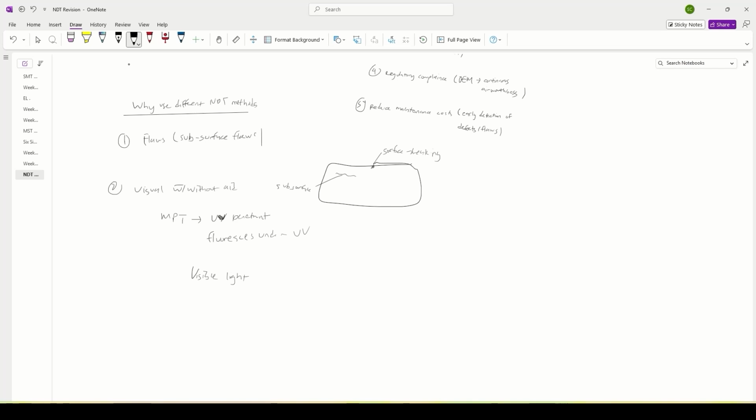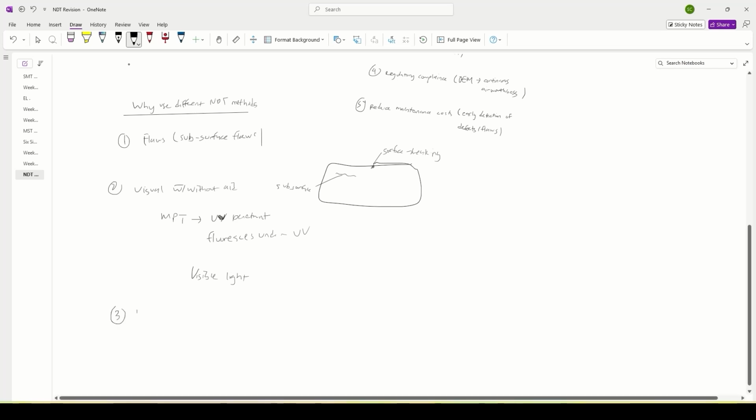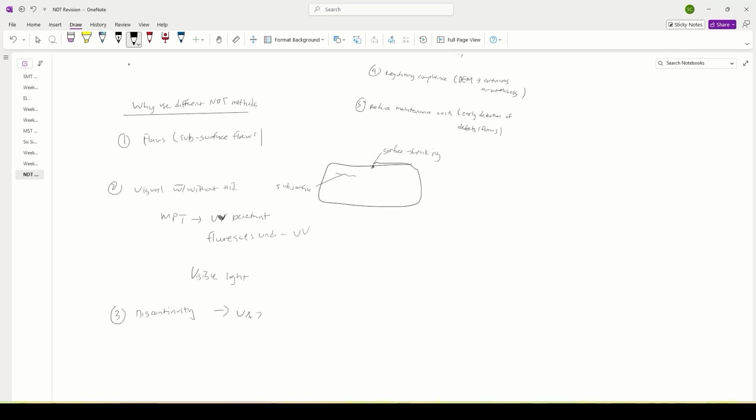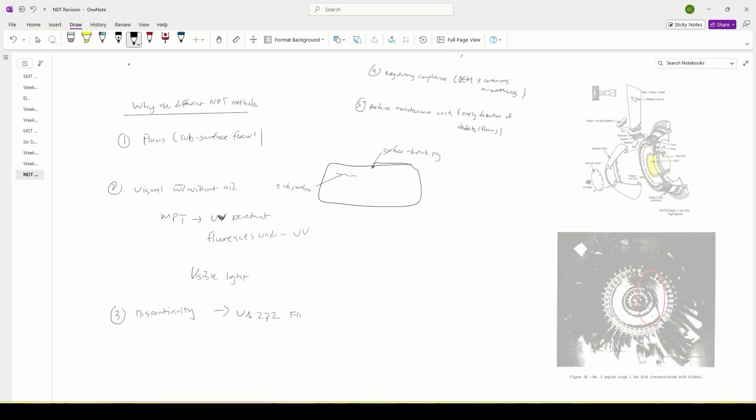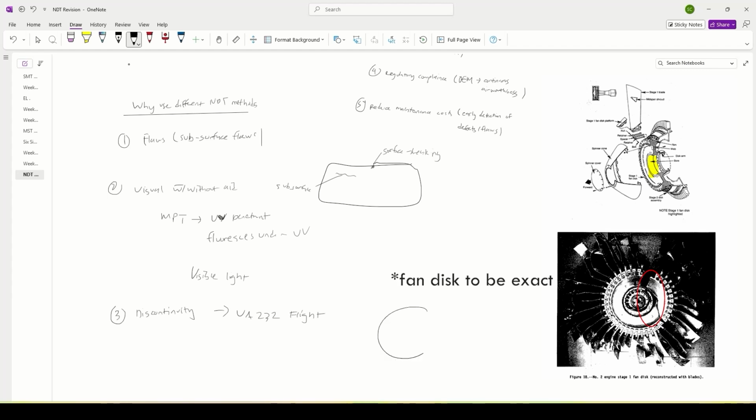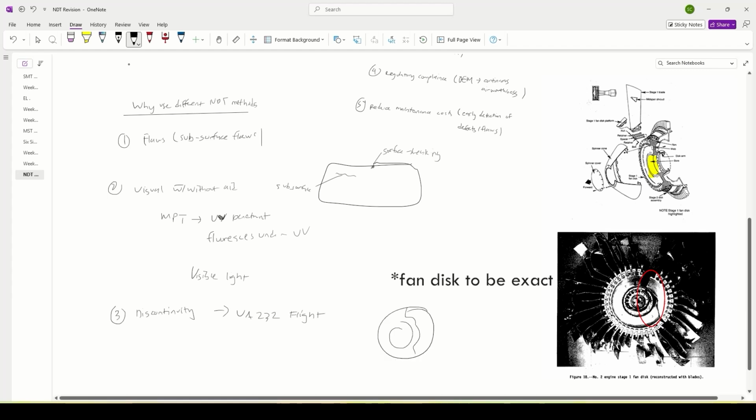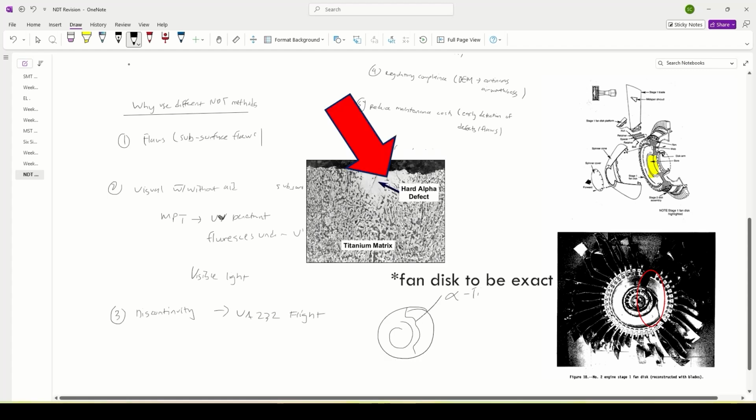Different types of methods, such as subsurface flaw, surface breaking, internal discontinuity. So for example, discontinuity. Referring to the UA232 flight incident, where the compressor blades actually cracked, the cause was an alpha titanium inclusion.